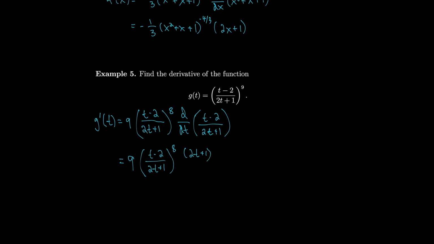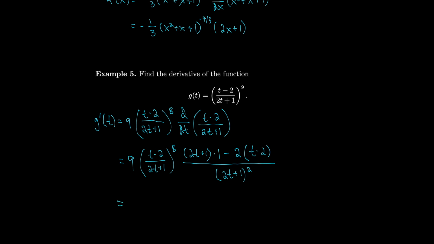Derivative of t is 1, derivative of minus 2 is 0, so it's times 1, minus derivative of 2t plus 1. Derivative of 2t is 2, and 1 is 0, so it's just 2. And then we keep the t minus 2. And divide by the denominator squared, so 2t plus 1 squared.